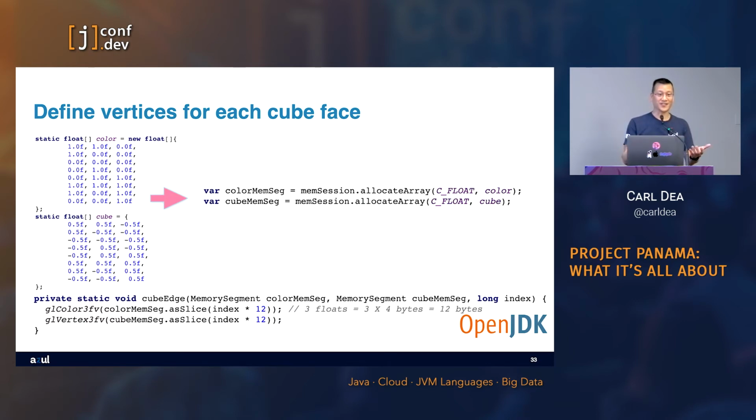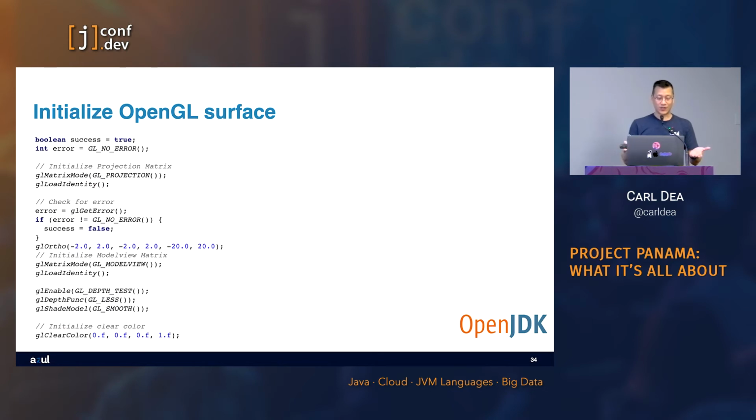They're Java functions, and they look just like the C code if you were used to it in college. I don't know, some colleges teach OpenGL, but the idea is to translate your code into the Java world. And so this is simple Java code. I created a method called cube edge, and I take the array, and I'm just calling into these functions, assembling the cube, and this code looks just like the C code.